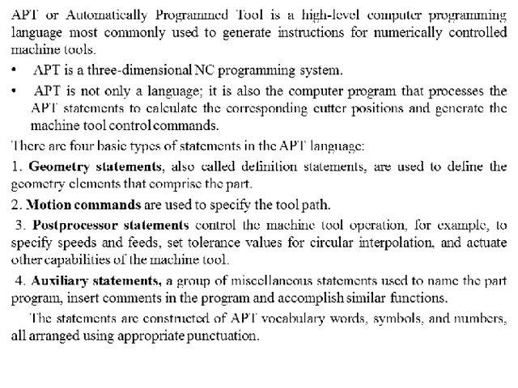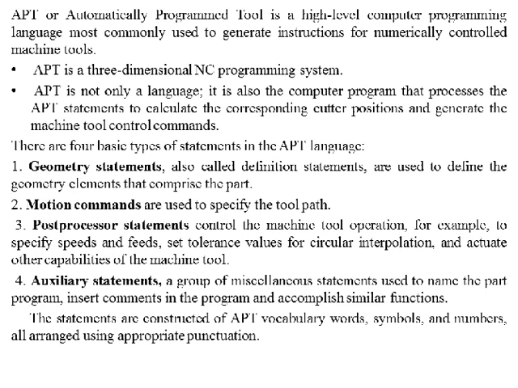The second statements are known as motion commands. These motion commands are used in the APT language to specify the tool path. The third statement is called a post-processor statement. Post-processor statements will try to control the machine tool operation.